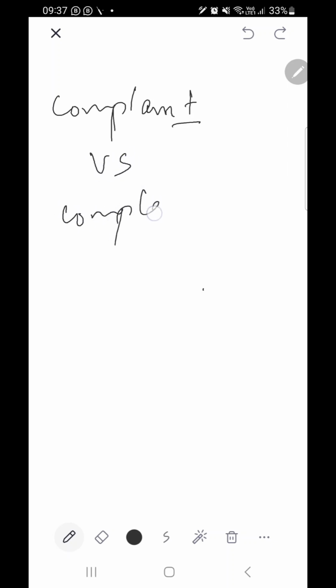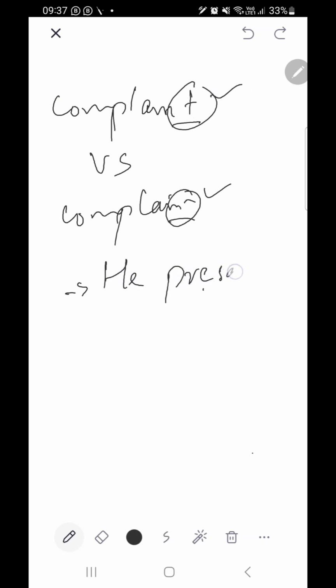Two errors that people make: complaint with T versus complain with N. Complain with N is a verb and complaint with T is a noun. So when we already have a verb in a sentence, we use the T form. Let's say he presented with a complaint, now with T. But if we don't have the verb, you can use he complained of pain.